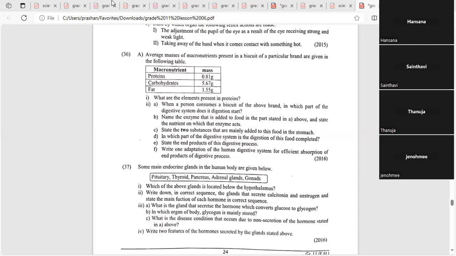Teacher, whether glucose is correct. Yes, this amylase enzyme acts on starch, a carbohydrate, which gives glucose. That is also okay, but the correct answer is carbohydrate or starch. Okay.